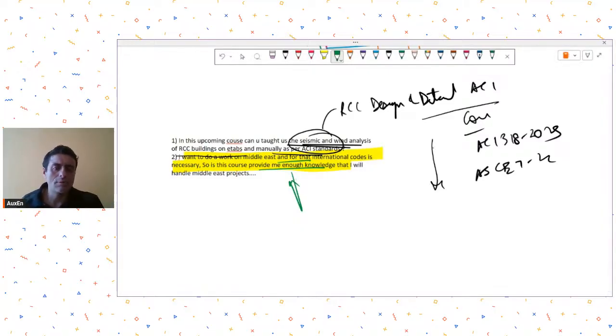So if you want to work on projects using international codes, especially the American codes in this case, this course will be very helpful for you, because we are going to deep dive into RCC design, including manual calculations, conceptual things, and working on the software, everything from the very basics.